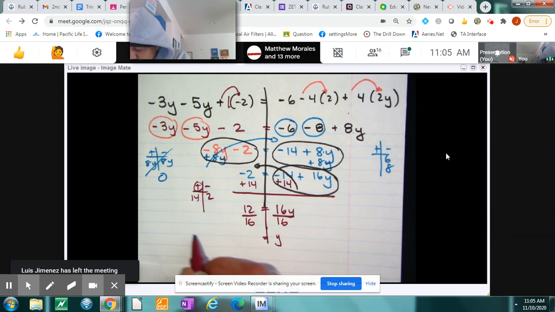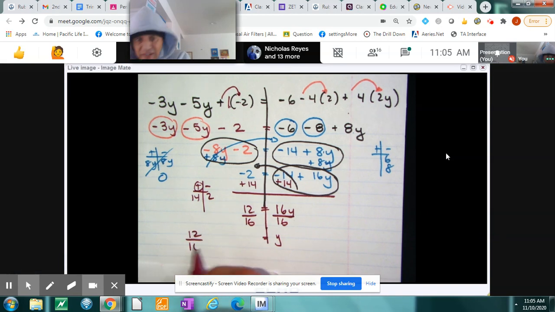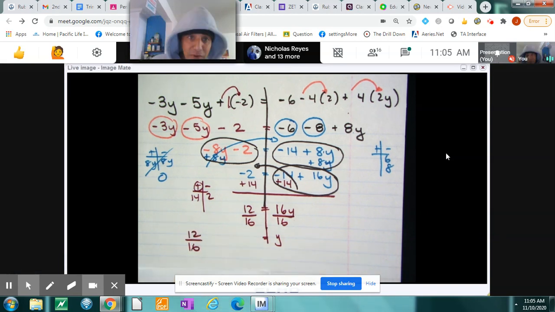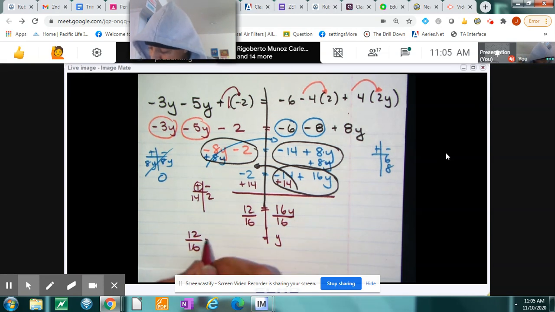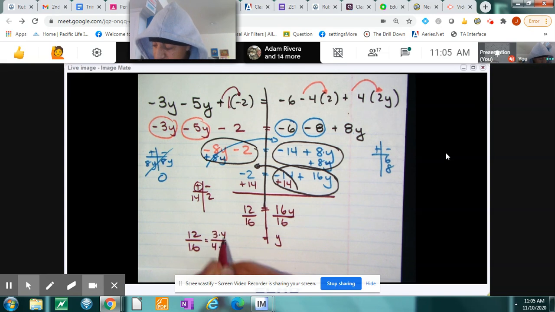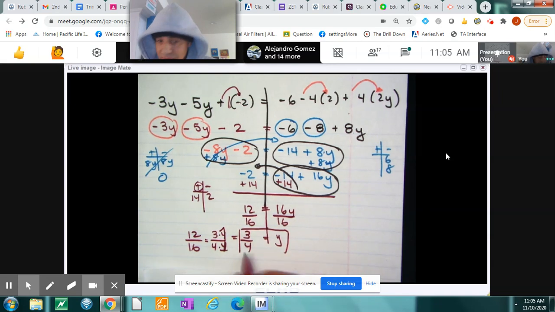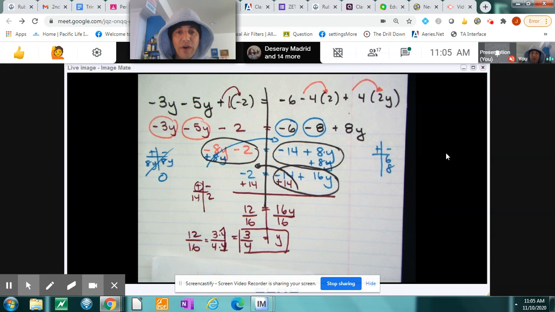So now my answer is 12 over 16, which now you could simplify, remember? So 12 is 3 times 4, and 16 is 4 times 4. There's your giant 1. So what's my answer? 3 over 4. See that? 3 over 4.